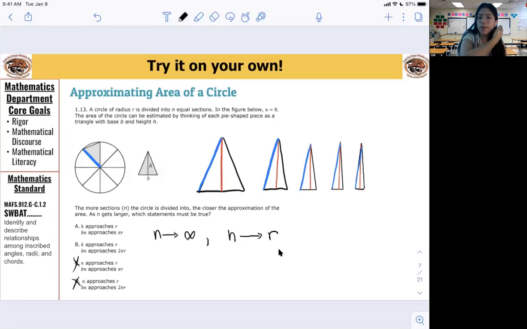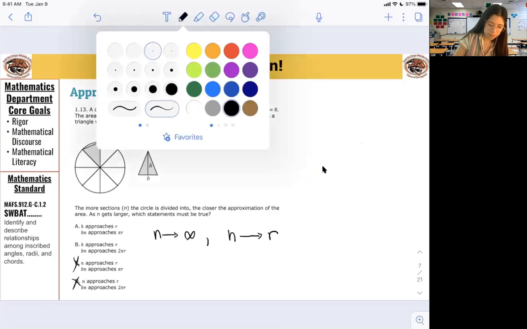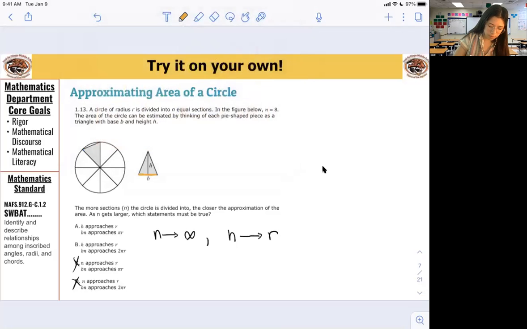Okay, now the second part of that also matters because now they're saying B times N. Well, B is the base. So here's one base.